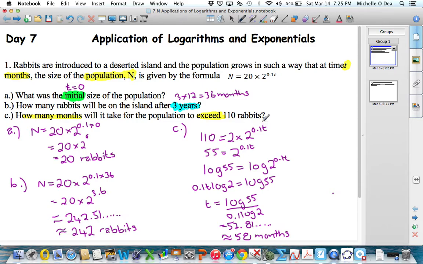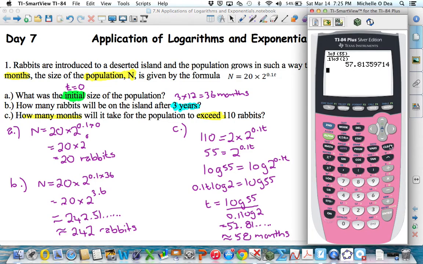Okay, so that's one way to do it algebraically. Let's go straight to the calculator instead. We still need this first line, that's important. So you must have the first line there, regardless of which method you take. What we can do is we can get our calculator up, let's clear that. And we can just use the graph.